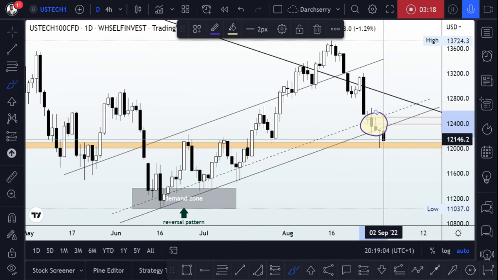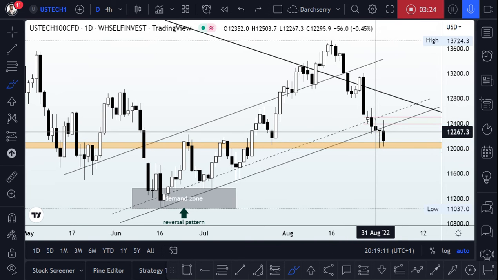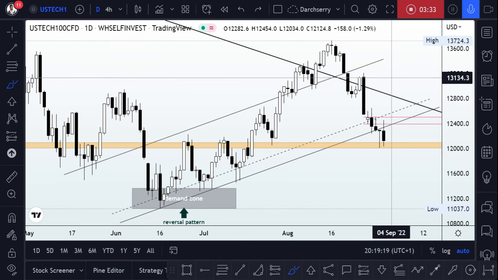Then we saw a breakdown of the ascending channel. So, is this breakdown going to be a false breakdown that will send price to the upside, or will it push price to the downside? So this is what I want to be looking at on the lower time frame.